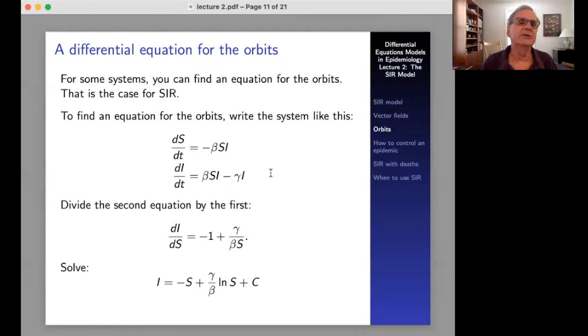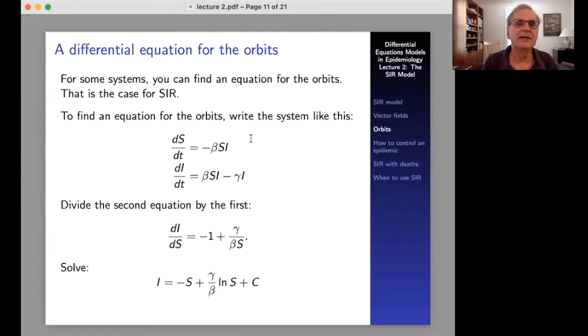This is something you've encountered in calculus. The solutions of this differential equation are parameterized curves. You may remember that to find the curve a parameterized curve traces out, forgetting time, you can just divide di dt by ds dt, and what you get is di ds.